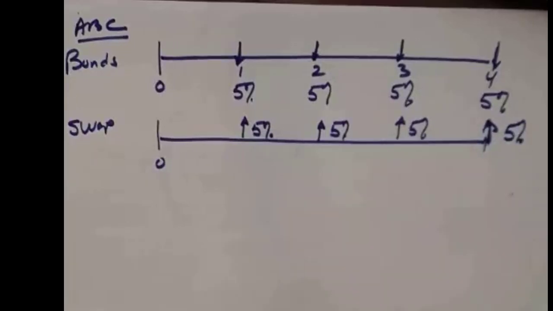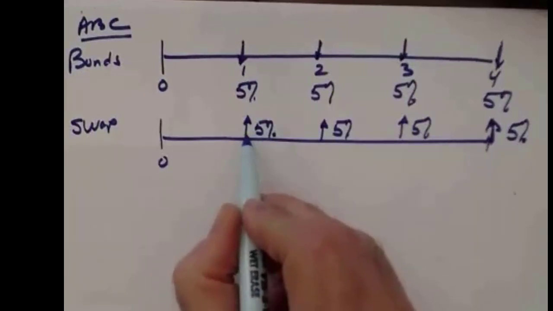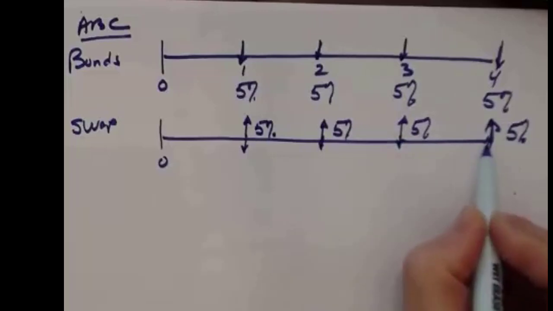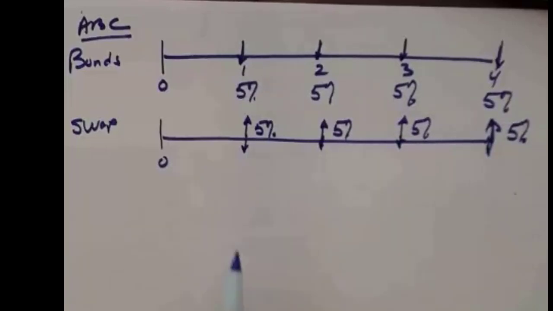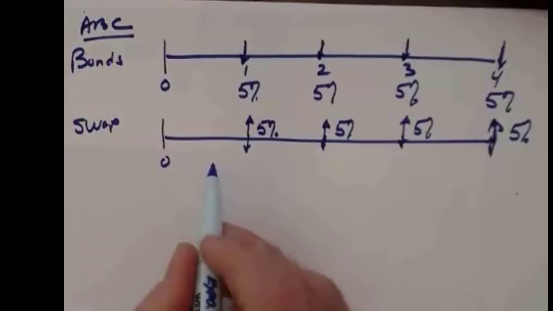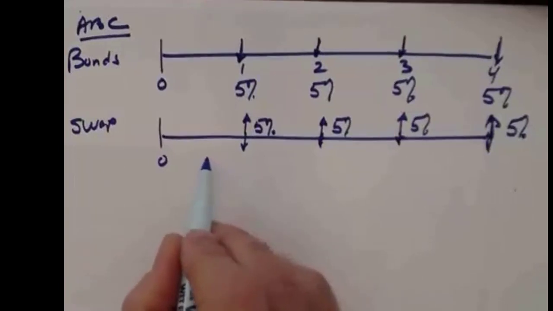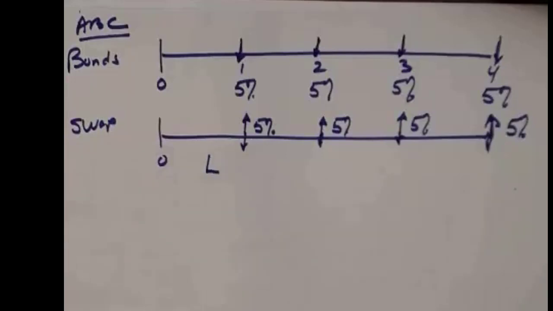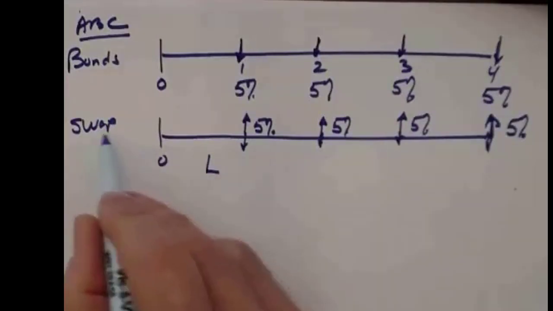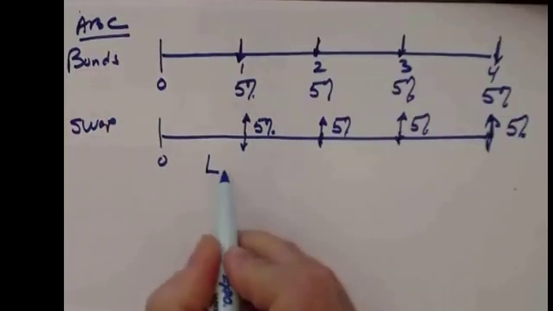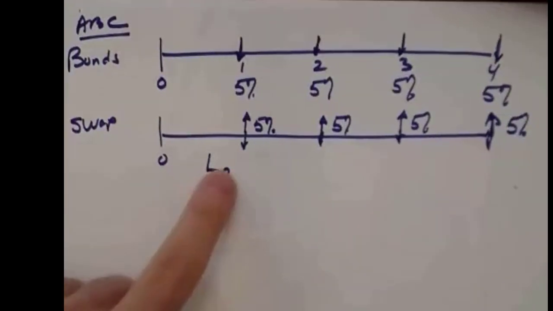So we're a little more specific now on the timeline. And then here, there's going to be payments out on the swap. And the payments out are going to be, now here's the notation. Let's get the notation down first. It's a little weird, but you'll get used to it. It means it's LIBOR. We're paying LIBOR through the swap. ABC, when it enters the swap, will pay LIBOR. And that LIBOR rate is determined at time 0.